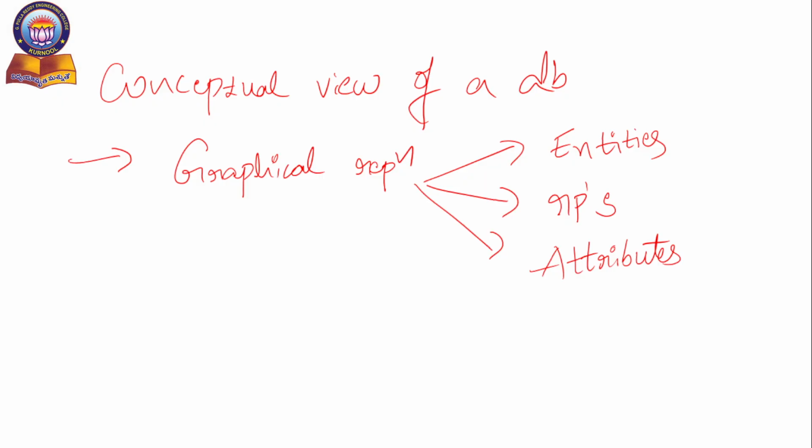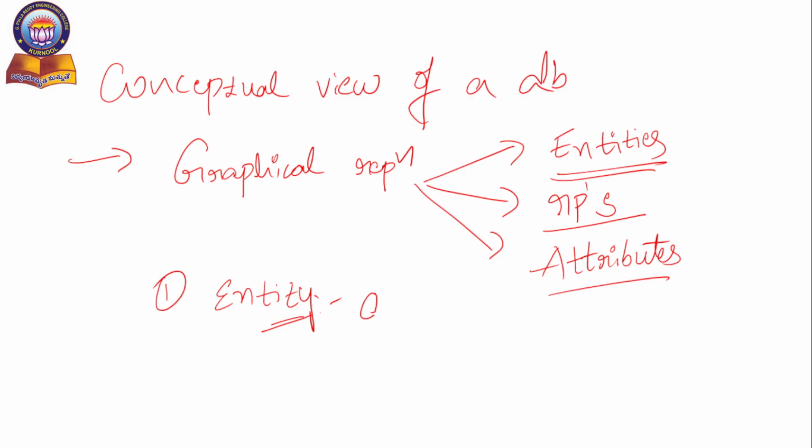Coming to the basic components: what is meant by entity, relationship, and attribute? An entity is an object or thing in the real world.